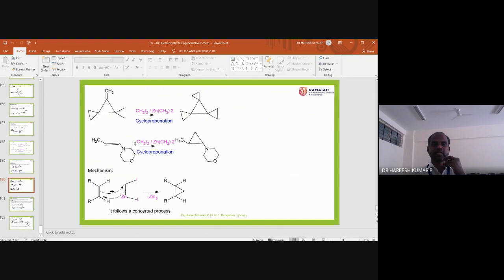When it is treated with iodomethane in presence of dimethyl zinc, this double bond gets cyclopropanated. So what is the mechanism involved here? Simmons-Smith.